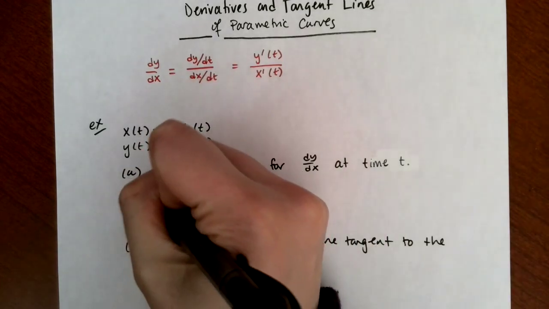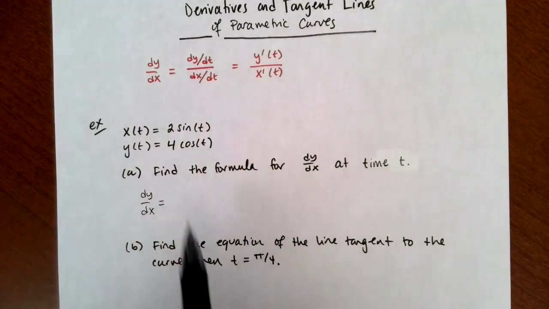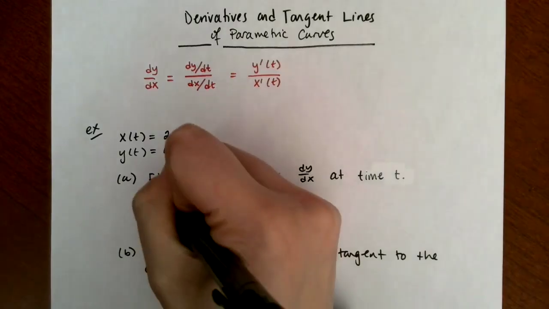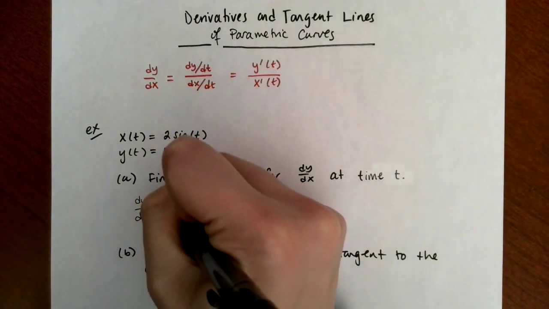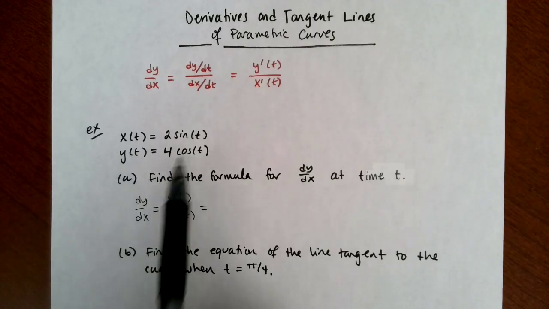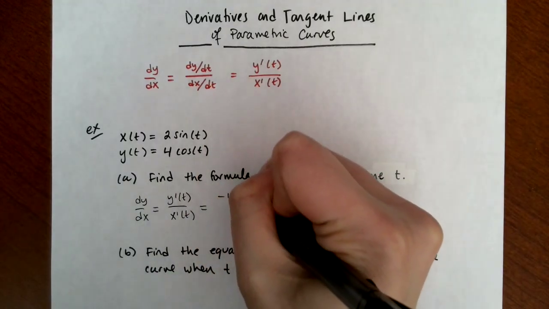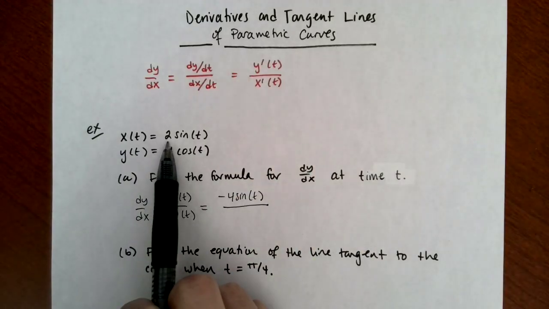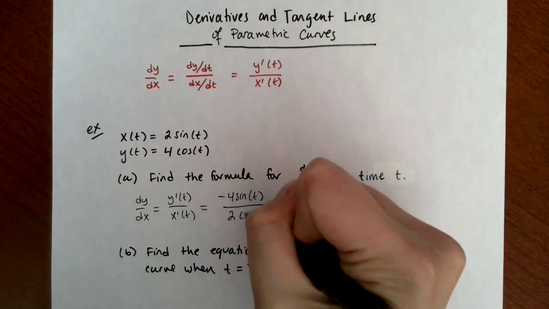So dy/dx, we're going to use exactly the formula in red up here. We have y prime over x prime. The derivative of the y function is 4 times negative sine, and the derivative of the x function is 2 times cosine.